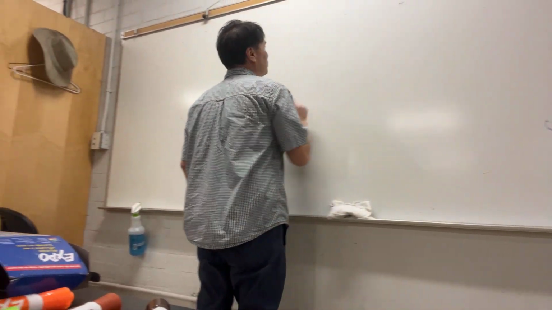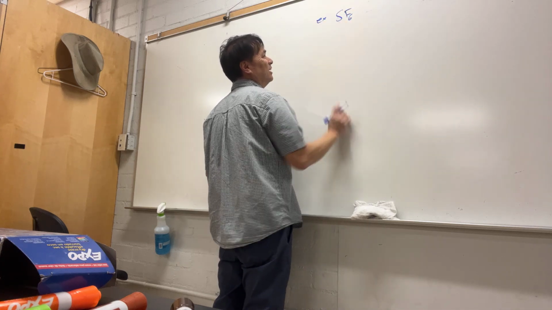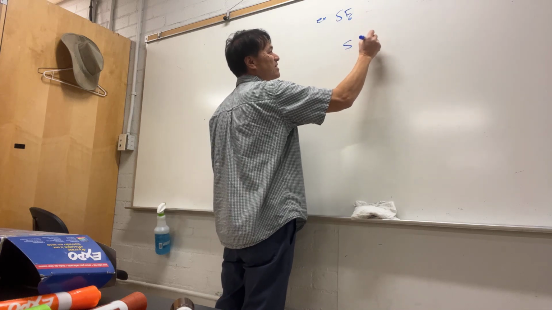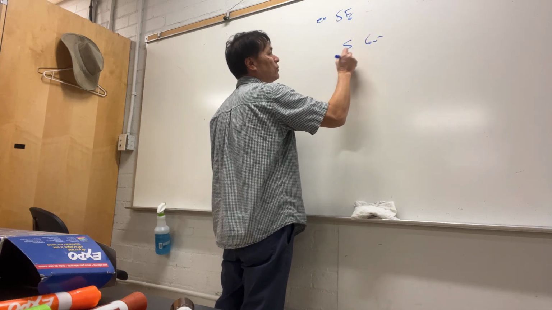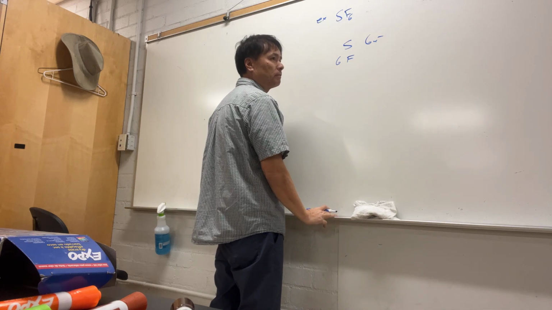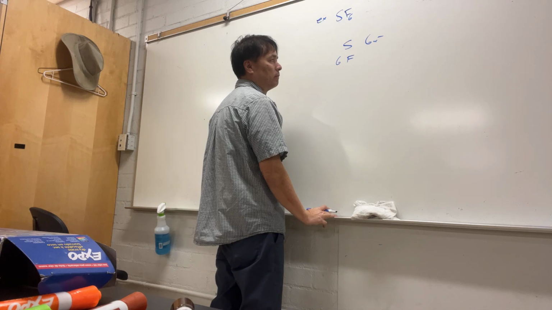When we have 6 groups, the next example is going to be SF6. We have 6 groups there. So we have sulfur with 6 electrons, and then we have 6 fluorines, 6 times 7, 42.